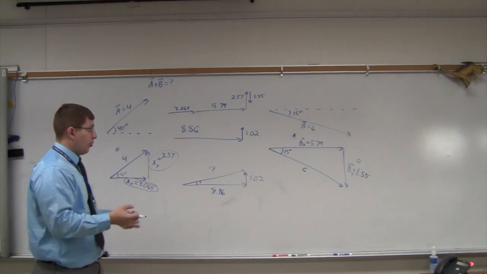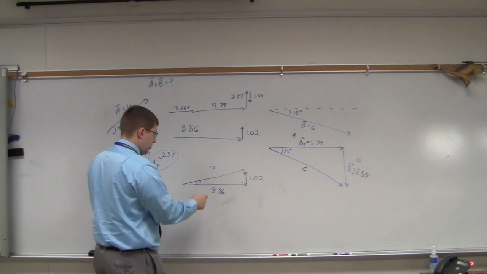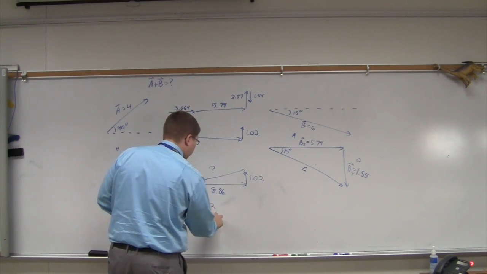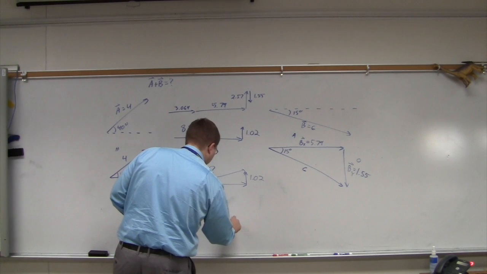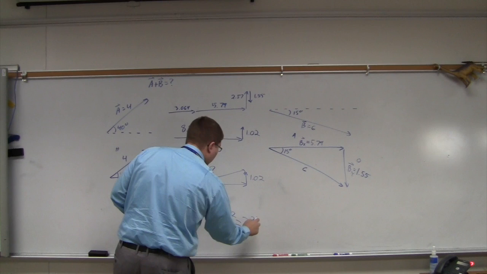I just showed you how to do that with perpendicular vectors. So what I'm going to do here is I'm going to do the Pythagorean theorem, 8.86 squared plus 1.02 squared to get my resultant squared.